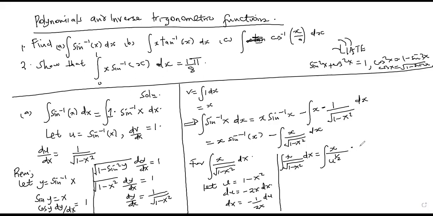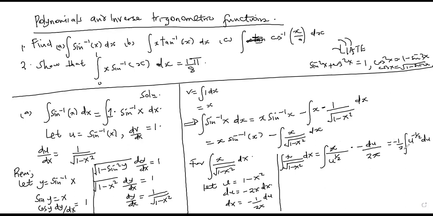My dx is negative du over 2x. X will cancel with x, so this u can move up. I can move a half outside, so it is going to be negative a half integral of u to the power negative a half du.